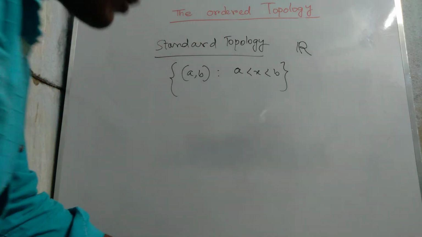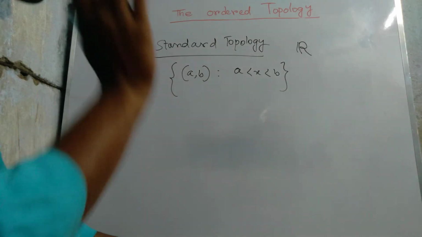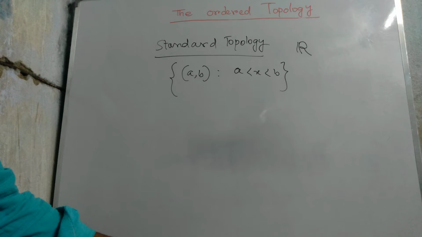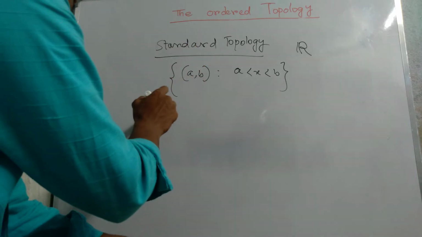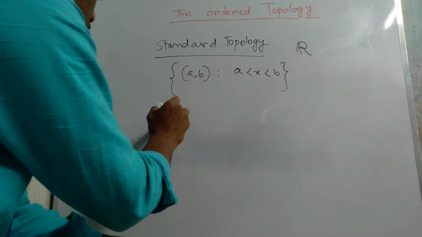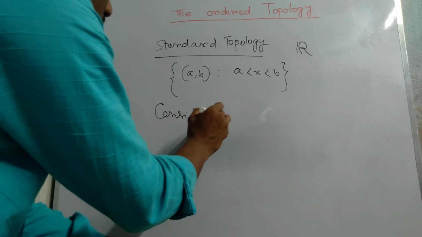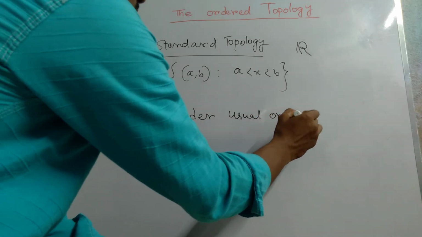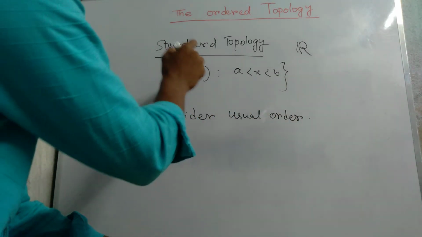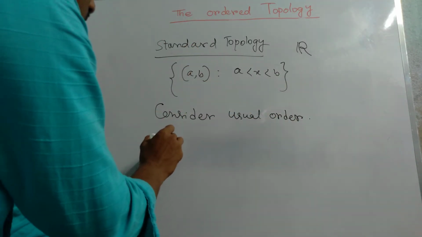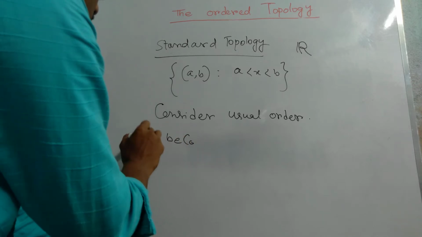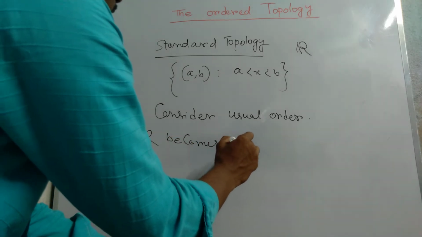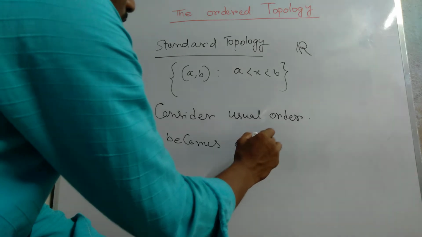Also, this one is the order topology derived from the usual order. That means we consider the usual order, and then this standard topology becomes an order topology.